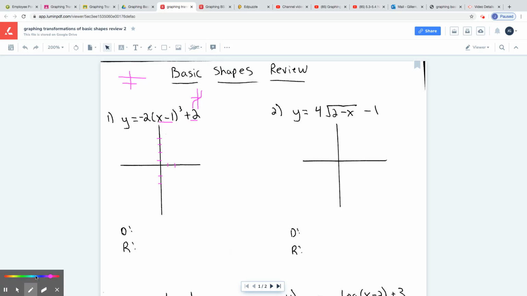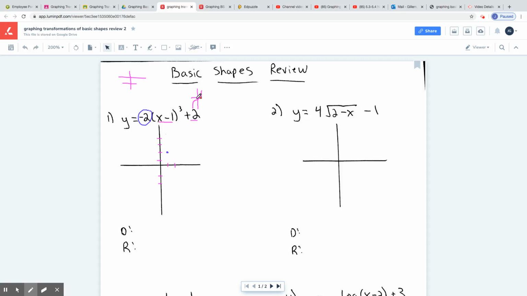So 1, 2 is going to be our middle point. We were at the origin, we moved over 1, up 2. This number here tells me how much I'm going up and down. So I'm going to go up and down 2, and we have to go to the right or left 1.